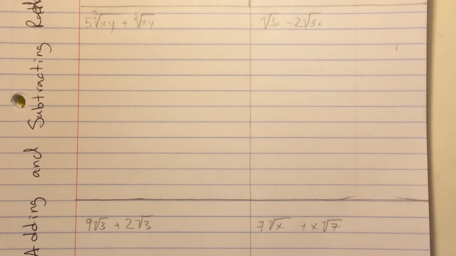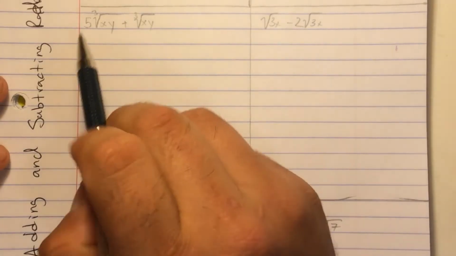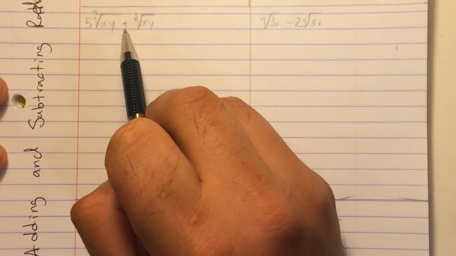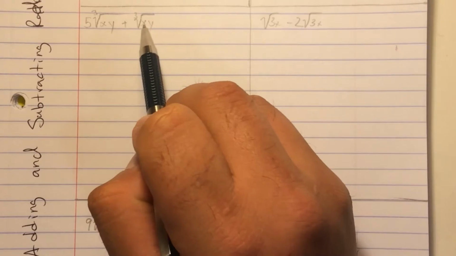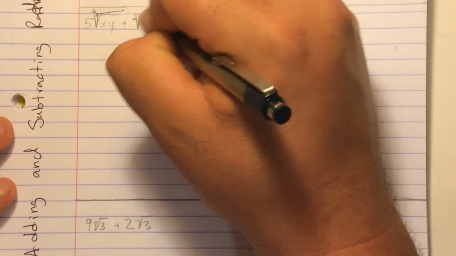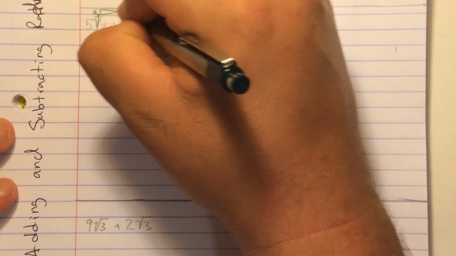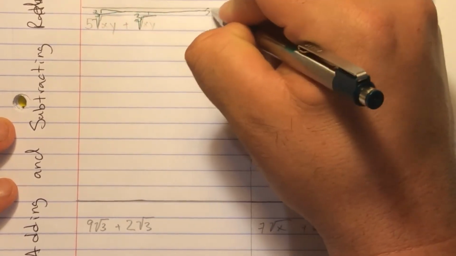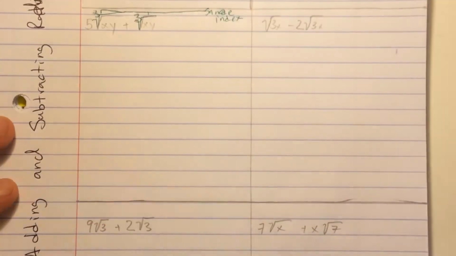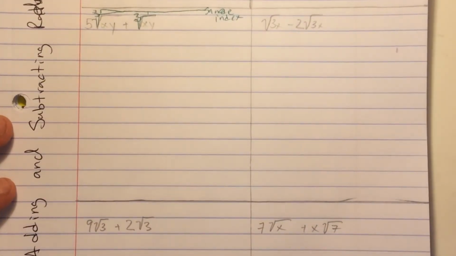So we're going to go ahead and continue like we did on the last one. So we have 5 cube root of xy plus the cube root of xy. We can already see here that our indexes are the same, so same index, which is a good sign. Okay, move my pencil out of the way.